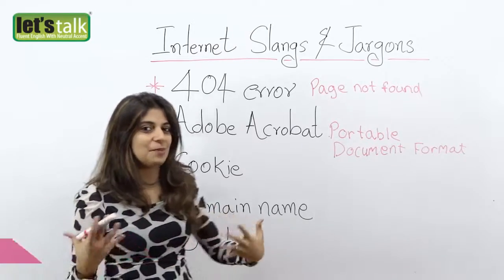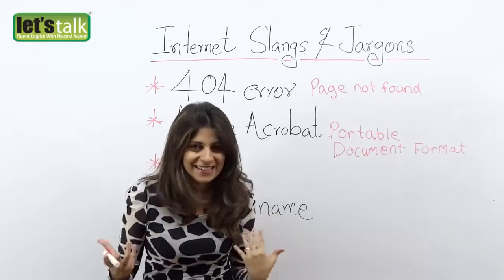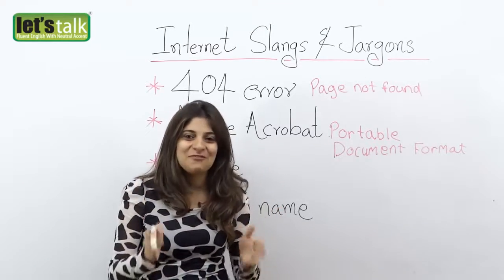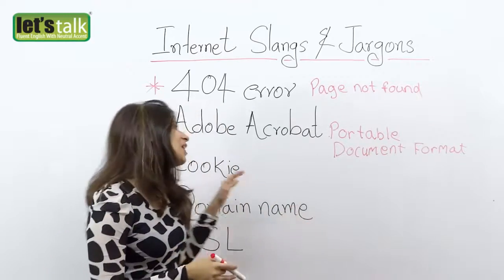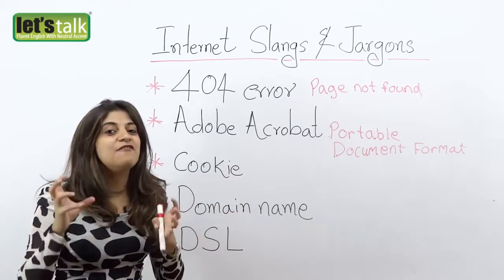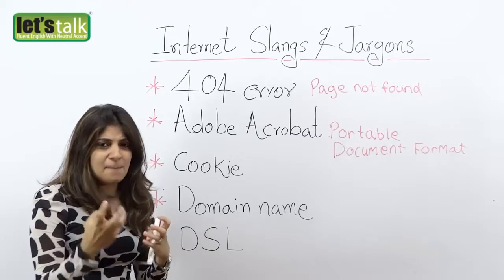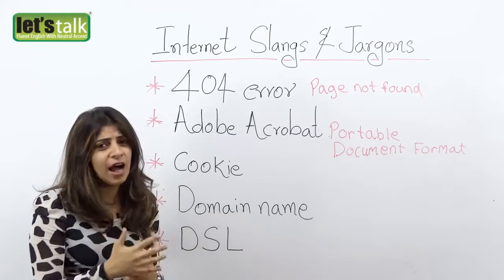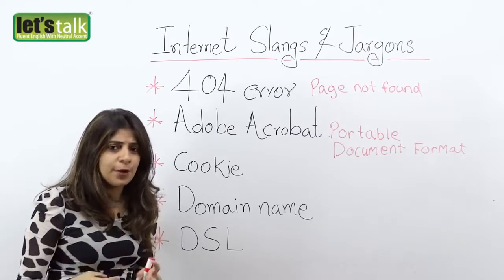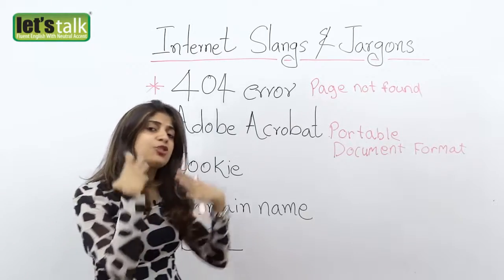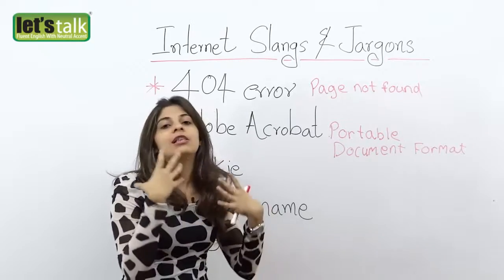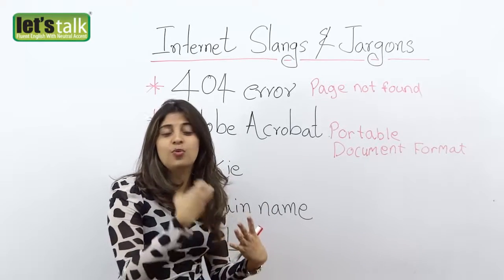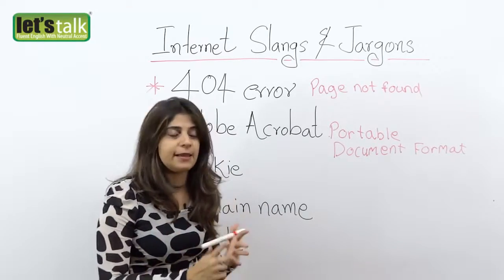Here we have another one, that is cookie. Now for us, maybe cookie is the sweet biscuit, but of course not for the internet world. Well, cookie is a set of information, okay? Maybe your username, your current date, your current time that is stored in your computer is automatically transmitted to the server, or to the website that you are visiting.